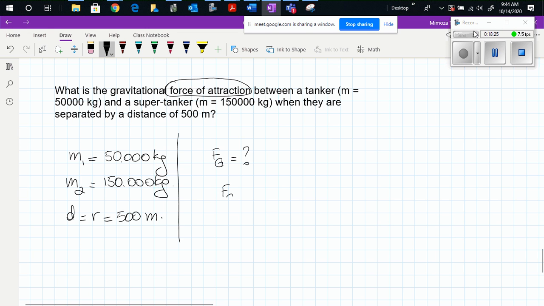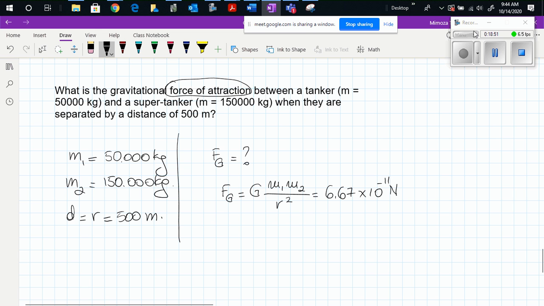So now, the universal force of gravity is calculated as uppercase G, the universal constant of gravity, times M1, M2 over R squared. So 6.67 times 10 to the power of negative 11.